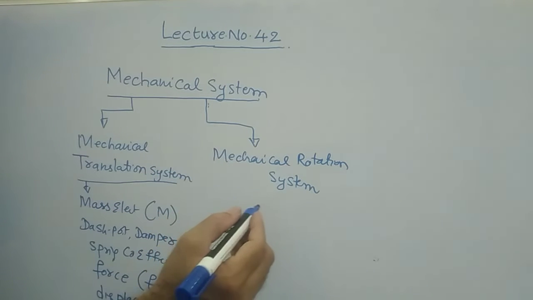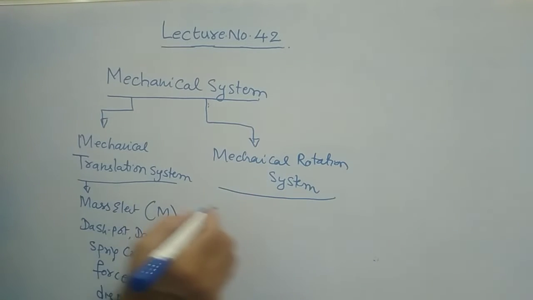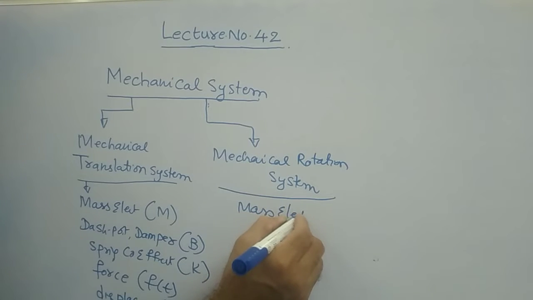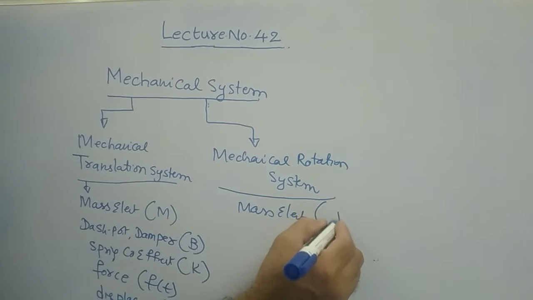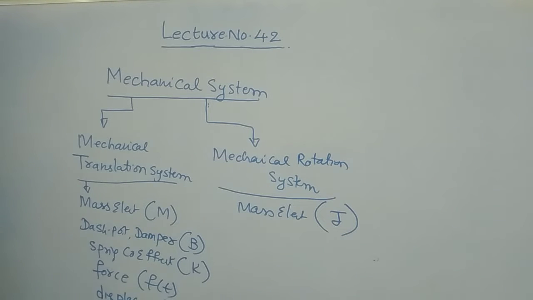Similarly, in mechanical rotational systems, you will have similar things, as we have seen here. For the mass element, here we consider the moment of inertia J as the required parameter.